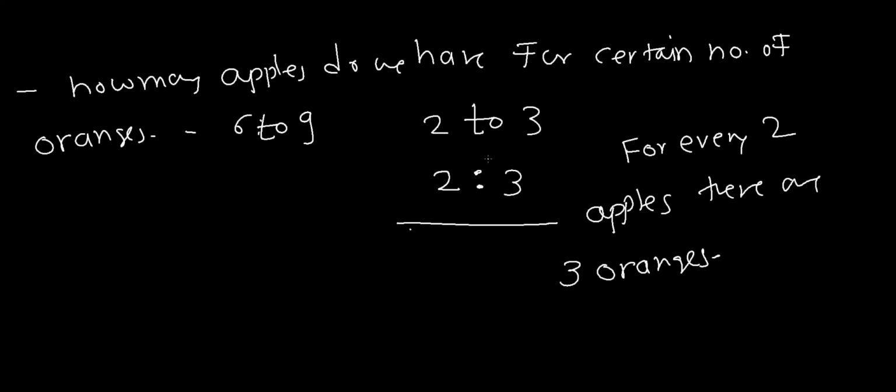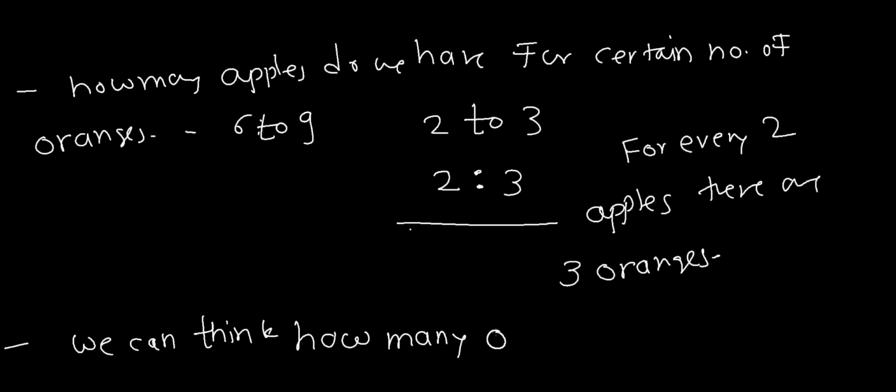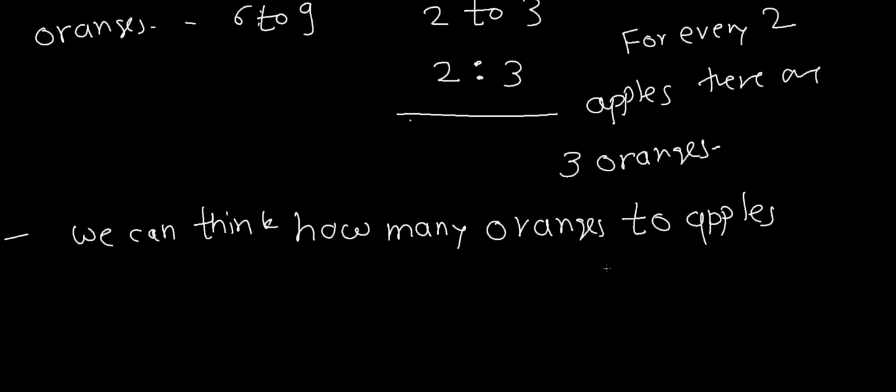So this is the ratio, and we can think of the other way around also. So we can think how many oranges there are. How many oranges to apples, means the relationship is now the other way around. First we were saying apples to oranges, now oranges to apples.